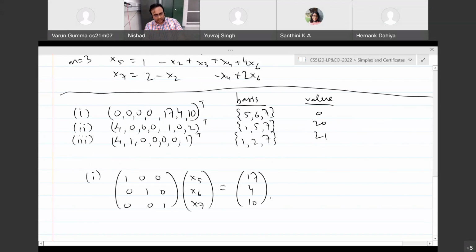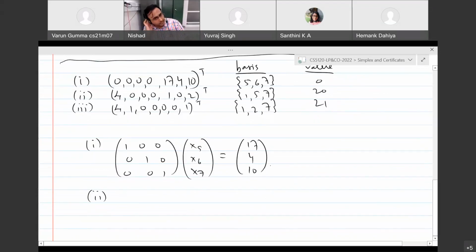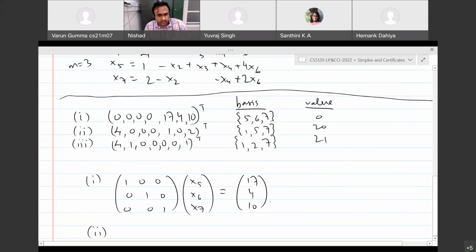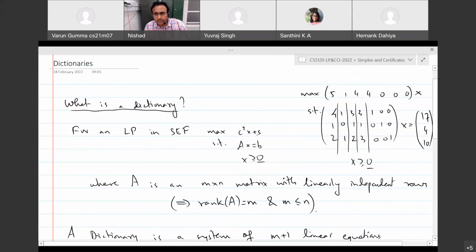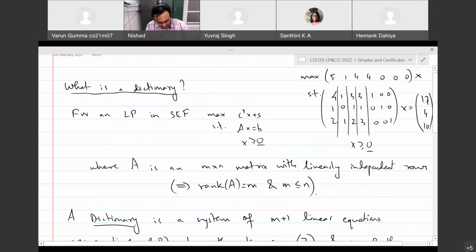Right? That's very clear. Turns out for all of the solutions, this is actually true. If you look at the second solution, right, you simply take the first column, the 5th column, and the 7th column from your matrix. So it's 4, 1, 2, 1, 0, 0, and 0, 0, 1.